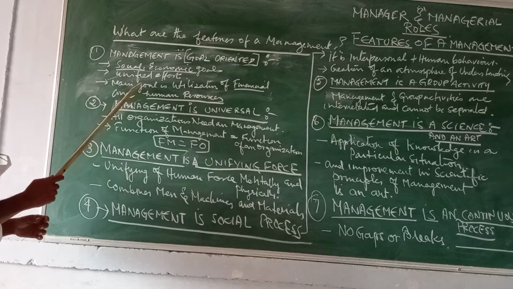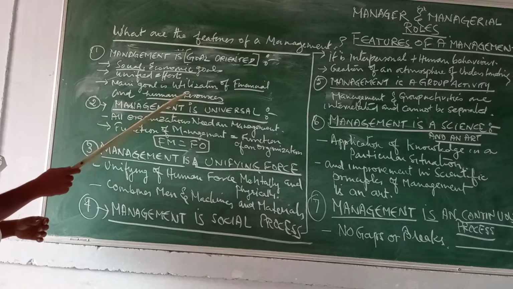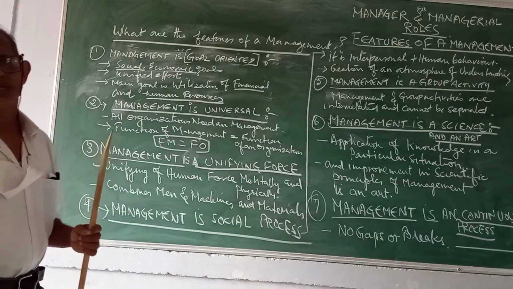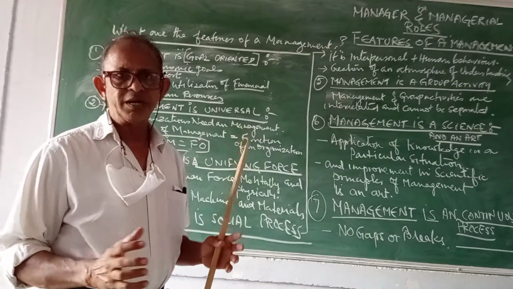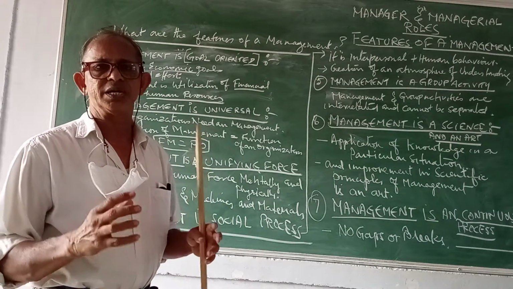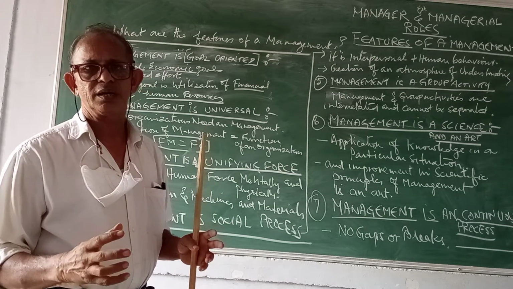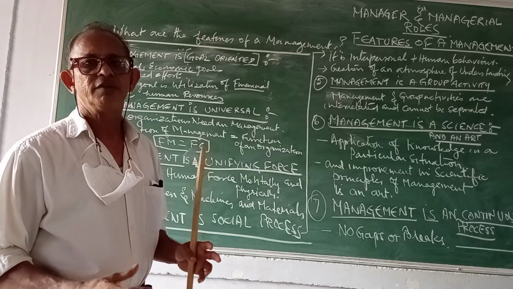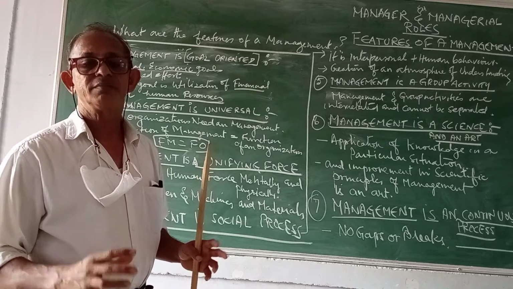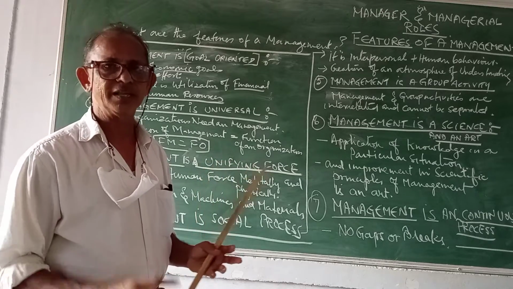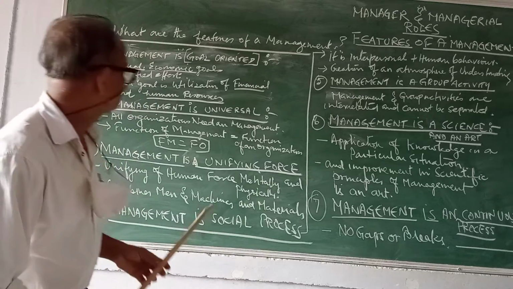However, the main goal of a management is utilization of financial and human resources. A management may be concerned about the social and economic aspects of its goals, but it is more concerned with financial management and the management of human resources. So that is the main goal of a management.